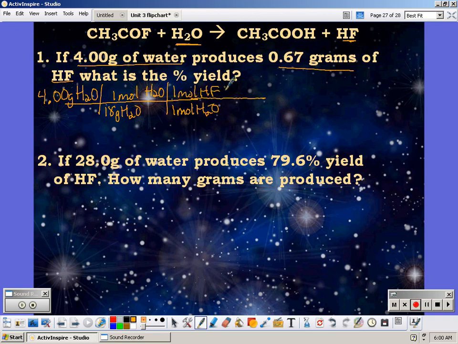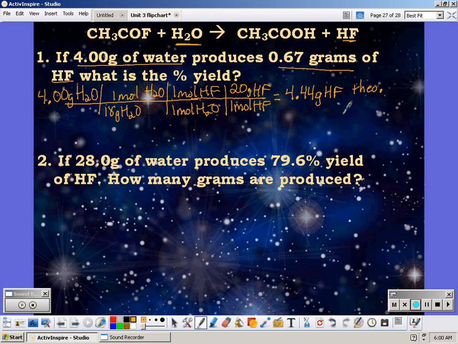So 1 mole of water is 1 mole of HF. And because my product amount was in grams, I want to make sure I convert that to grams. So 1 mole of HF is 20 grams of HF. Now that tells me, after I multiply and divide, that I should have 4.44 grams of HF. So that is my theoretical yield.